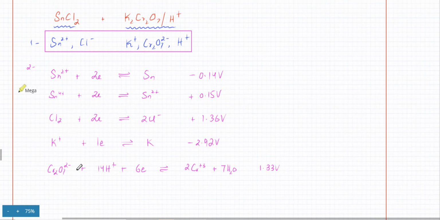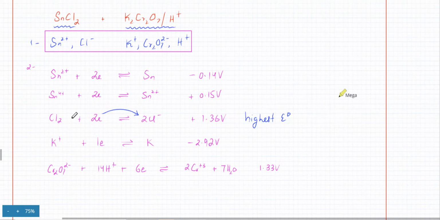So it has the greatest tendency out of all these possibilities for someone to gain electrons. Highest E naught is the one that gains electrons, and this reaction would go in the forward direction.